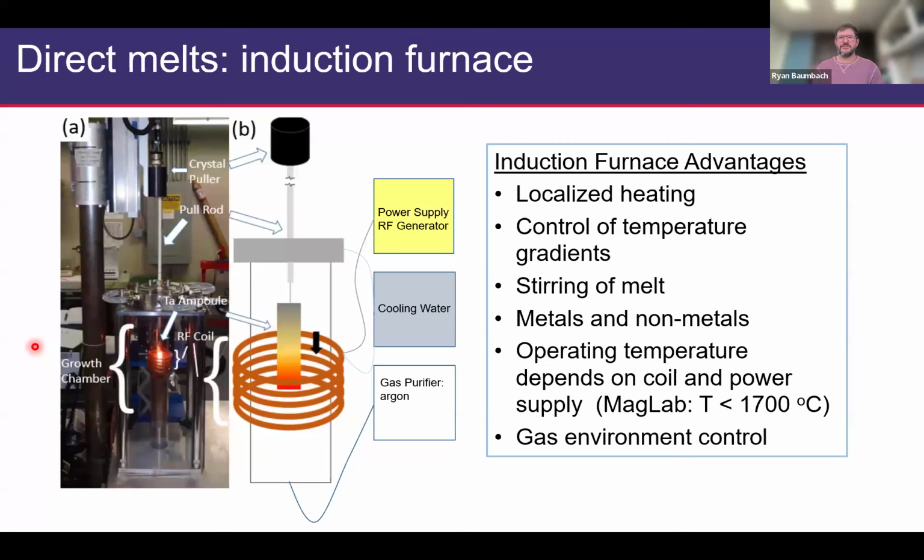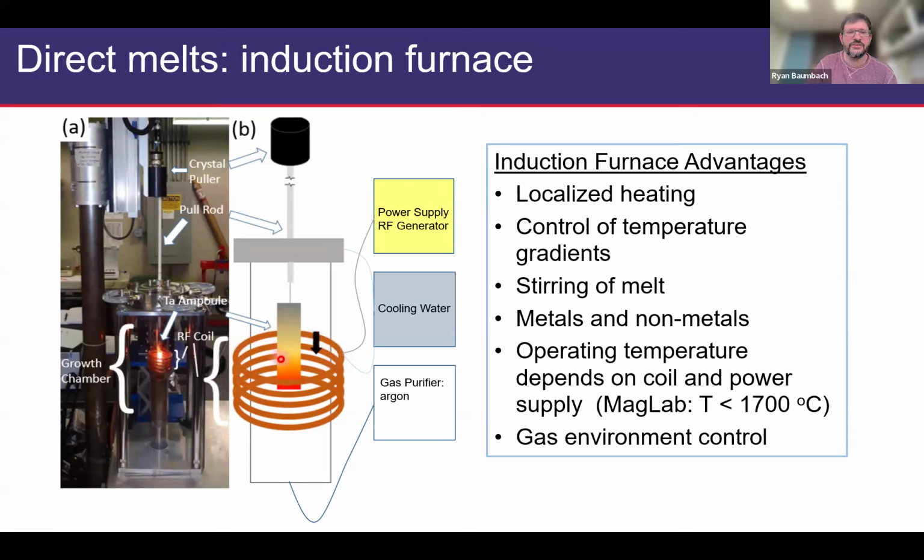Okay, what other types of direct melts are available to us? Well, another thing that I think is very nice is induction furnace heating. That's summarized here schematically. The idea is that if you have an RF generator as a power supply, you can put that RF current into a coil. A current will drive around the coil.